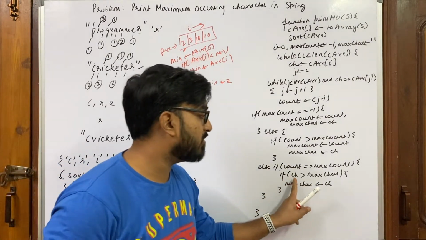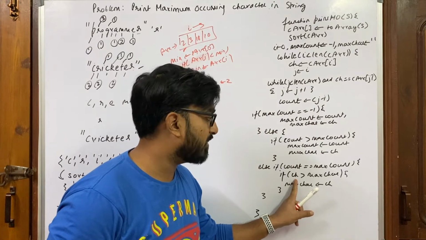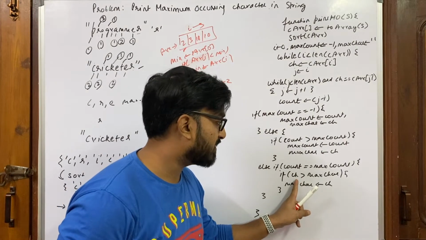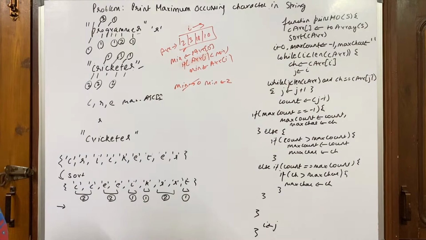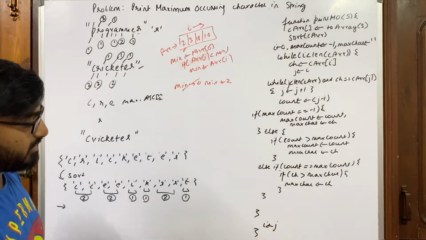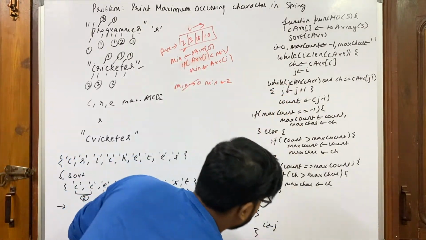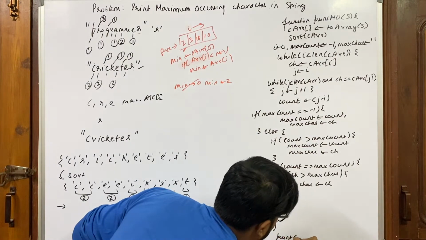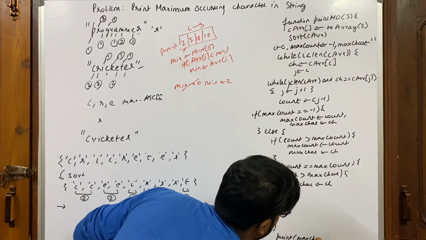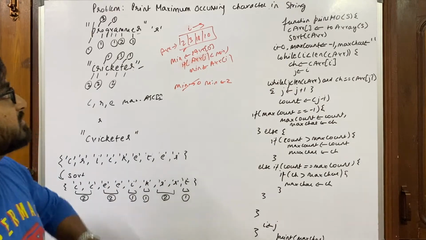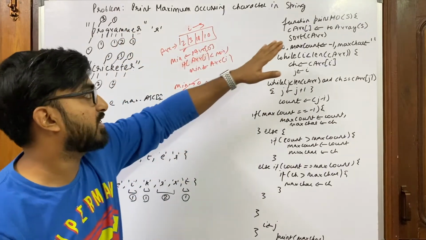The implementation to compare ASCII values differs. So this is how we break ties. And then finally, after the while loop ends, you simply print max char. This is how you find the character that occurs the maximum times in the string s.